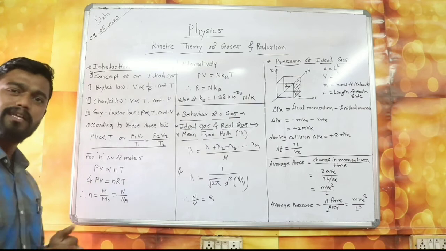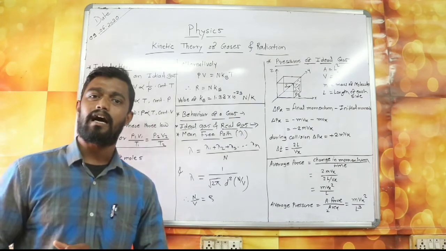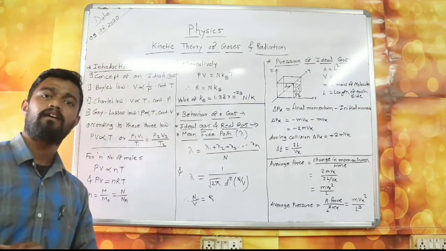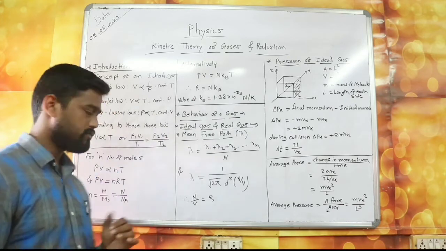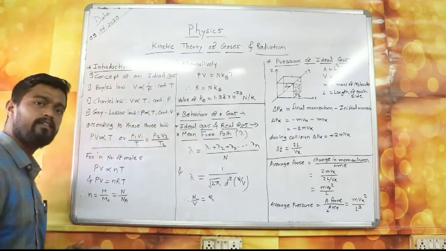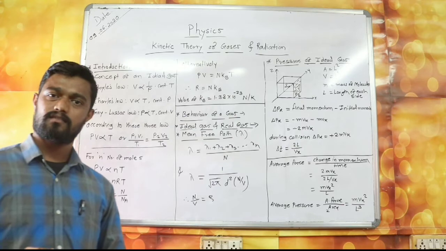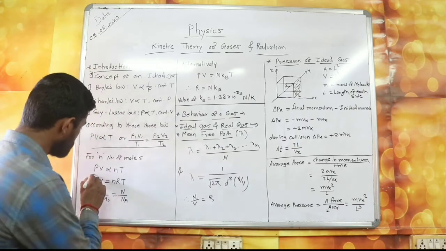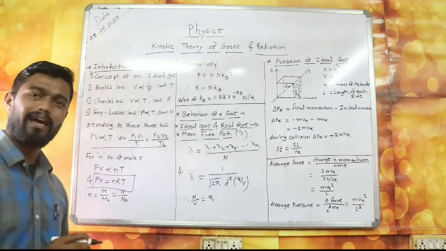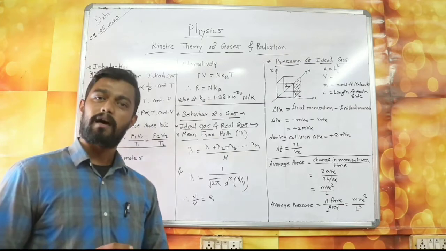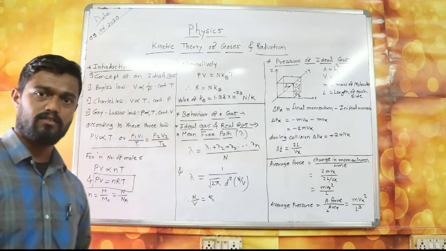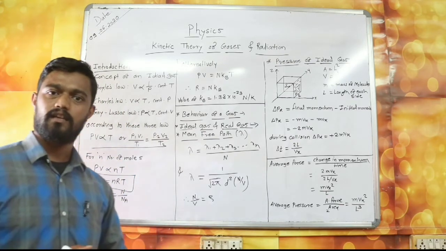So PV is equal to nRT, where capital R is the universal gas constant. You get the expression PV is equal to nRT. This is your perfect ideal gas equation.